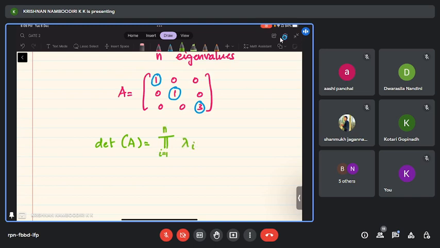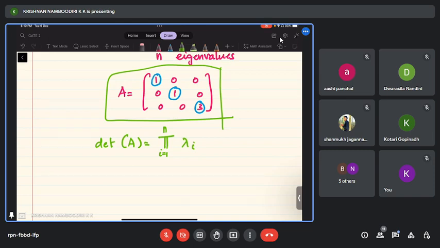That means the product of all eigenvalues will give the determinant of that matrix. For example, for this matrix, what is the determinant? That is 6, very easy to compute. The determinant of the matrix is 6, and the product of eigenvalues is also 6.